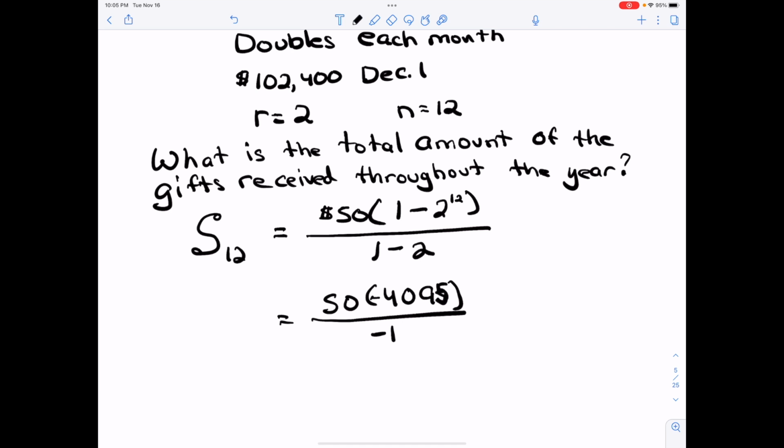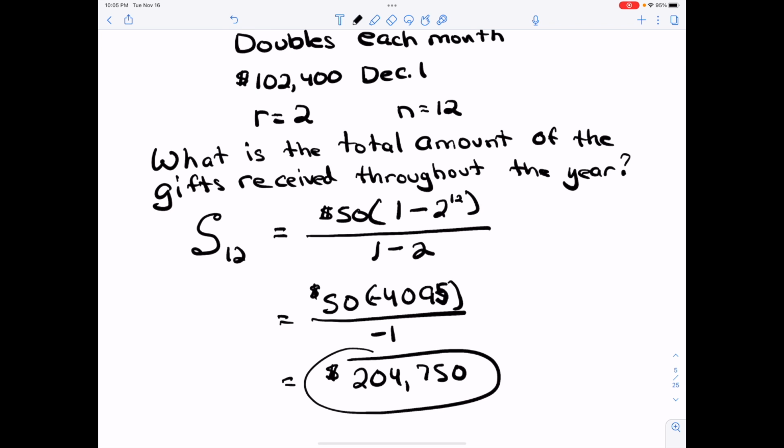And it's over negative 1. So I'm going to end up with a positive answer. But then when I multiply, I end up with $204,750. So yeah, that ended up being negative 40.95 right there. Accidentally punched the wrong key in the calculator at first. But there you are. So that would be the grand total if you added up all the gifts you get from each month.